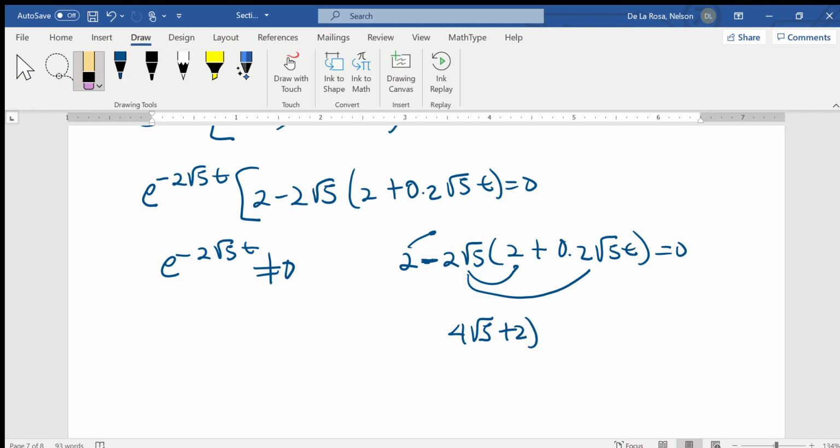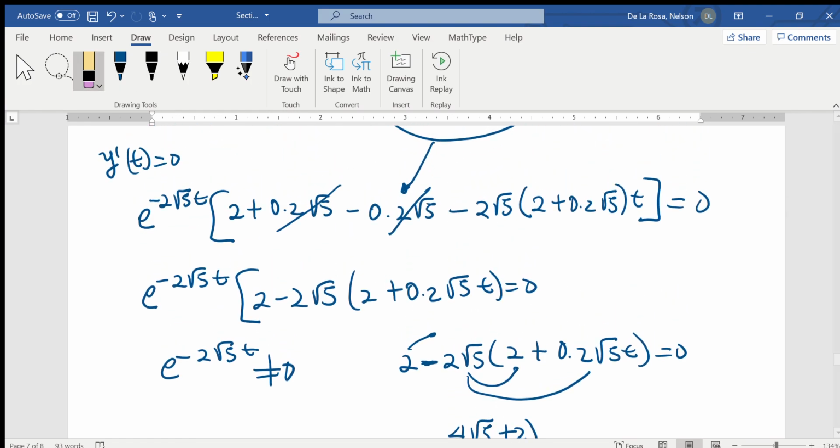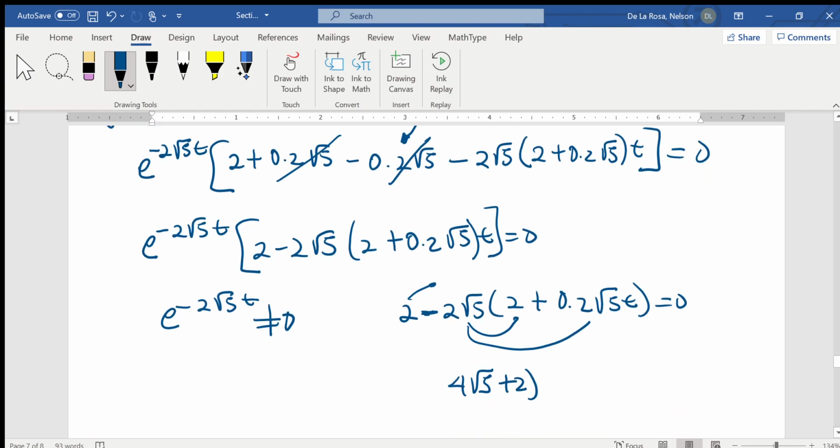Okay, this t multiplies the whole thing. Okay, so we have 4 square root of 5 plus 2 times t equals 2.